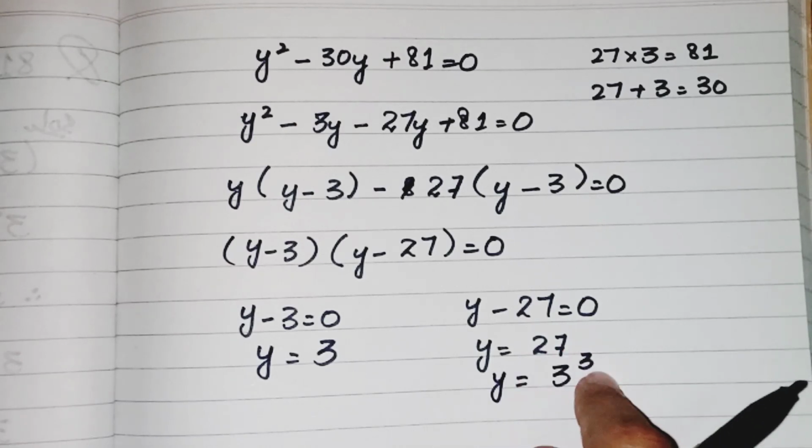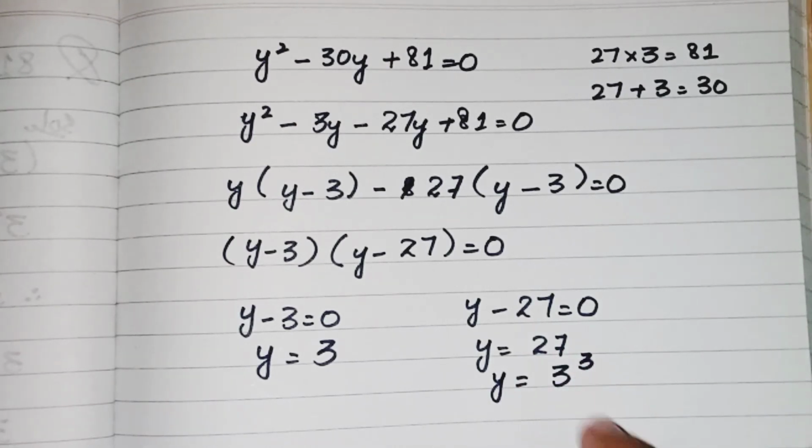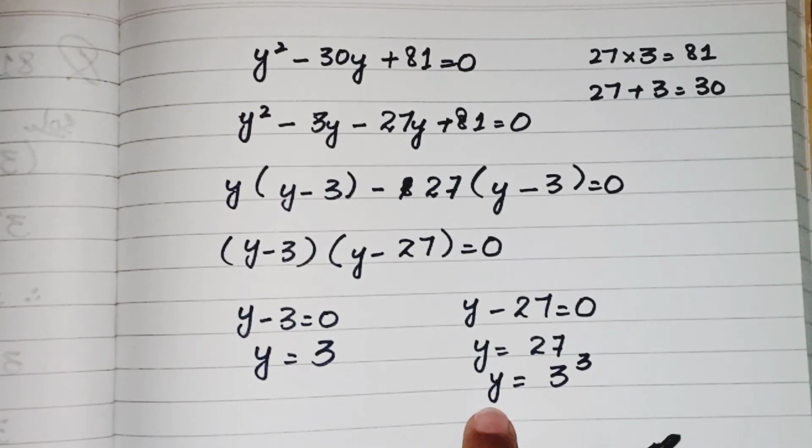In place of 27 we can write it in exponential form. But this y comes from 3 power 4 sin²x, so I have to replace this y with its original value.